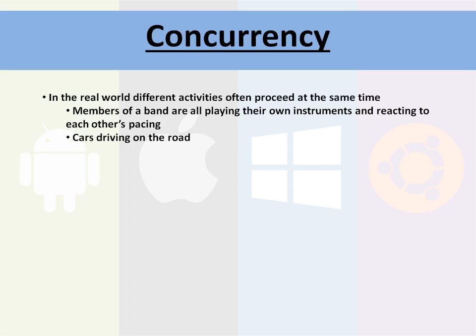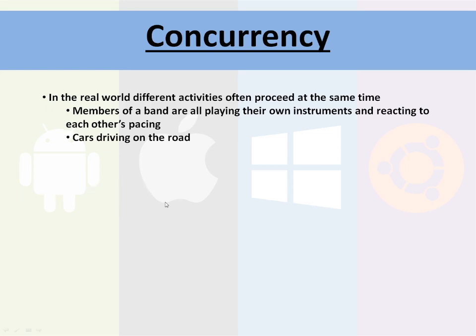Now in the real world, obviously different activities all happen at the same time. For example, all the members of a band might be playing instruments or singing, and they're all reacting to each other's pacing, as well as the crowd probably as well. And the same can be said for cars driving on a road.